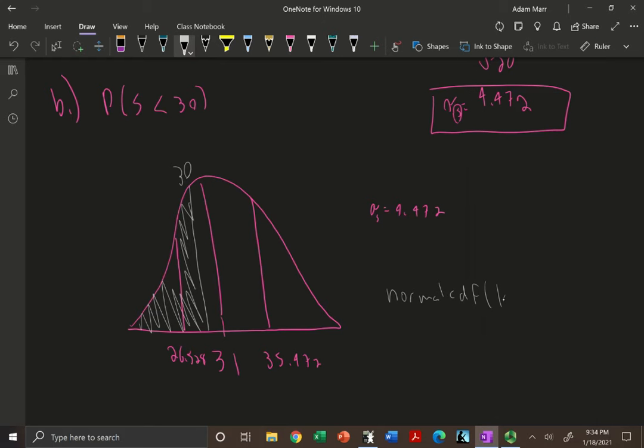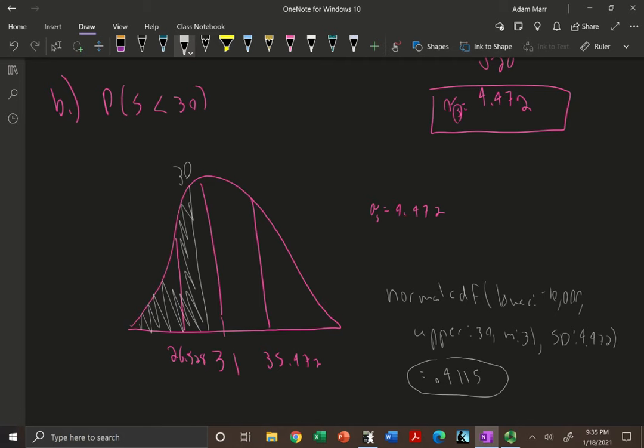Remember that lower is negative 10,000, upper is 30, mean is 31, and standard deviation is 4.472. We punch that in, and we end up getting 0.4115, something like that.